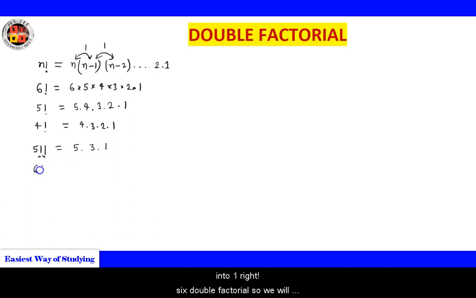Suppose 6 double factorial, we write 6 into 4 into 2. In this way we can define the double factorial of any number.